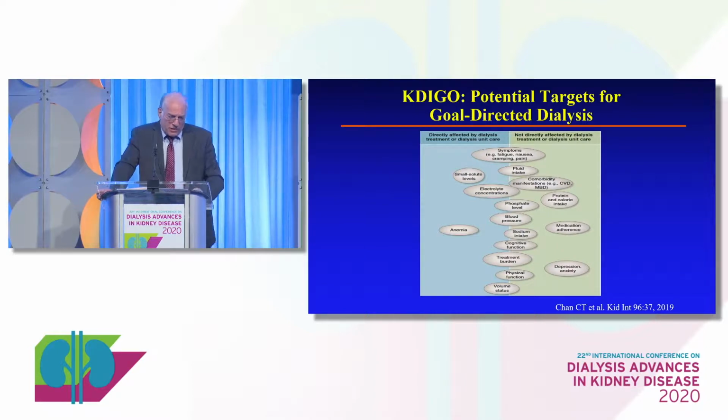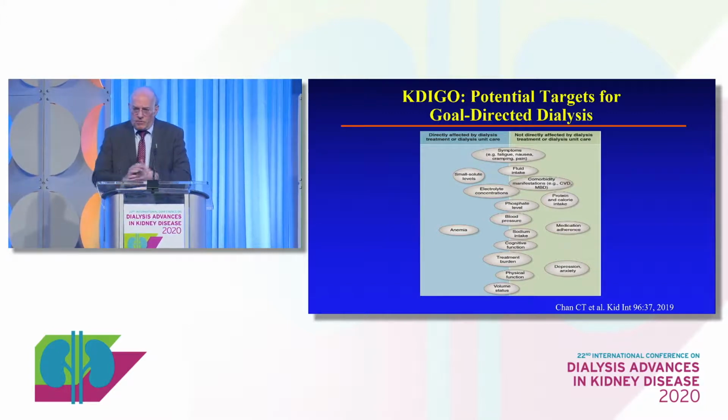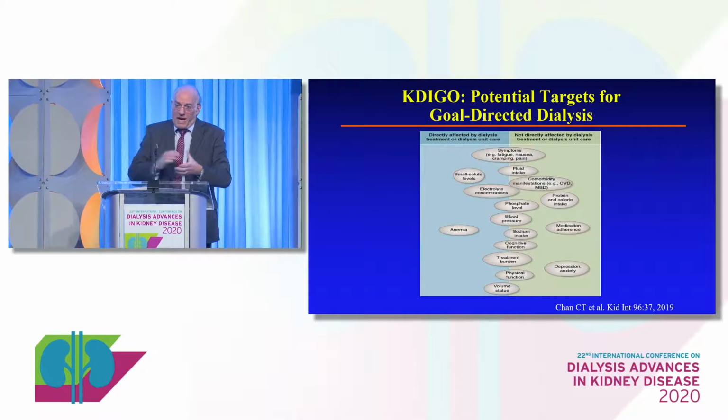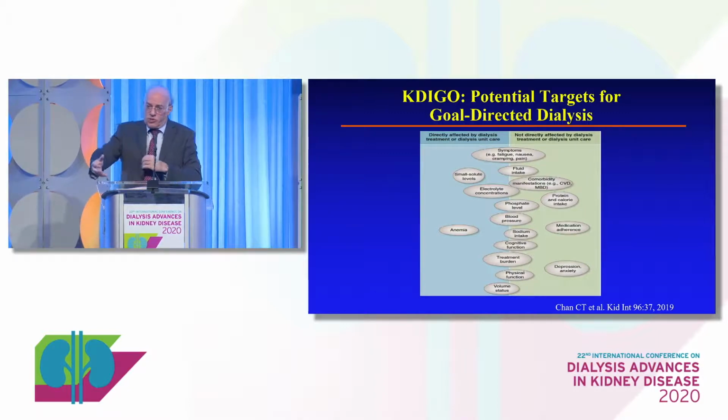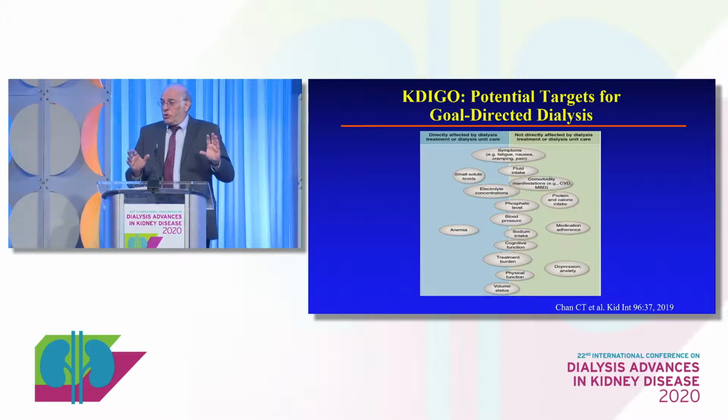So sort of in summary, we recognize that some parameters are more in our control than others. We can more readily deal with the bicarb by providing more dialysis or prescribing sodium bicarb. By the way, all this data that I've shown you is associational or observational data.